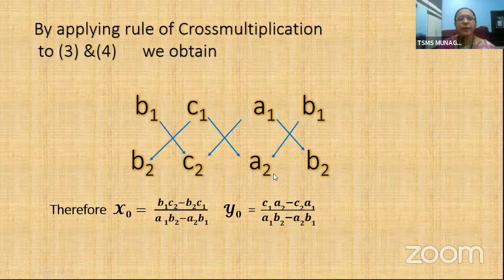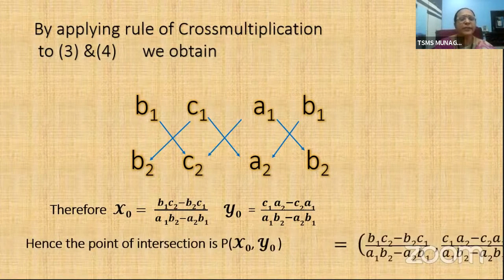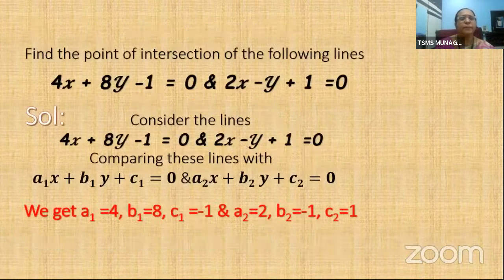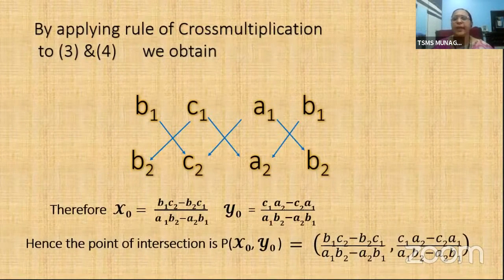Similarly, c1a2 minus c2a1 becomes the y coordinate numerator. Now both the denominators are given by the last cross product, which is a1b2 minus a2b1. So this is how we get the point of intersection P of x naught, y naught, which is the point of intersection of the two lines L1 and L2.